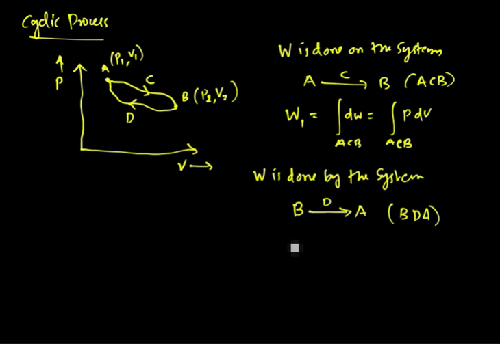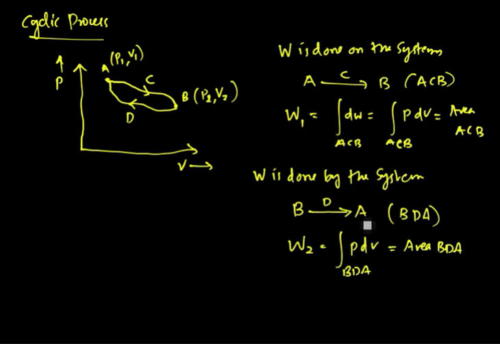Then in that case, the work done is given by W2 equal to the integral of P dV along the path BDA. Now, this W1 represents the area under the curve ACB, and this W2 represents the area under the curve BDA.